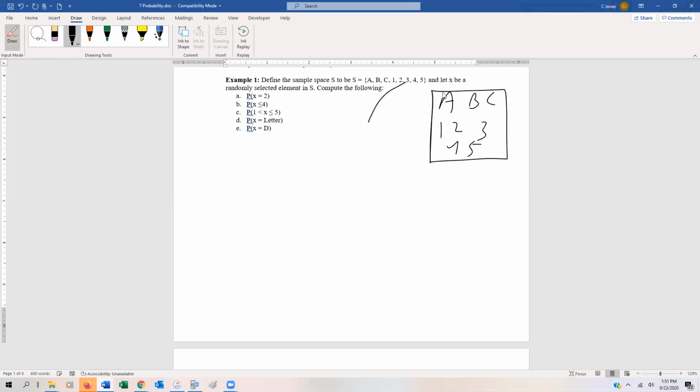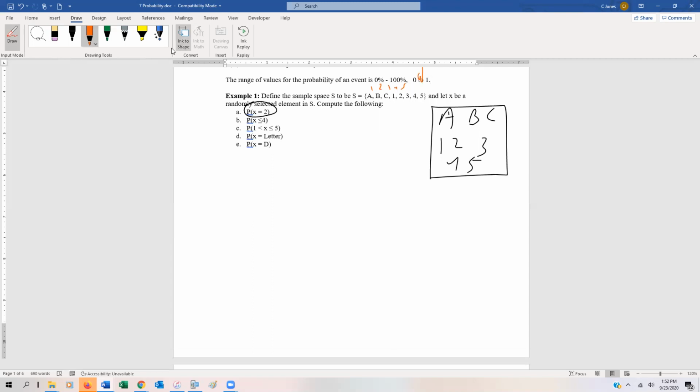I'm reaching in the bag and trying to pull out one of those objects. What we're trying to do is figure out the likelihood that I'm going to pull out a 2. The first thing we need to do is figure out how many total elements are in the bag. In this case, we have 1, 2, 3, 4, 5, 6, 7, 8.